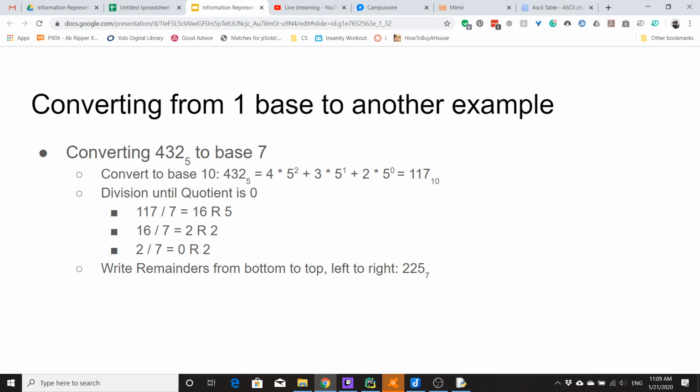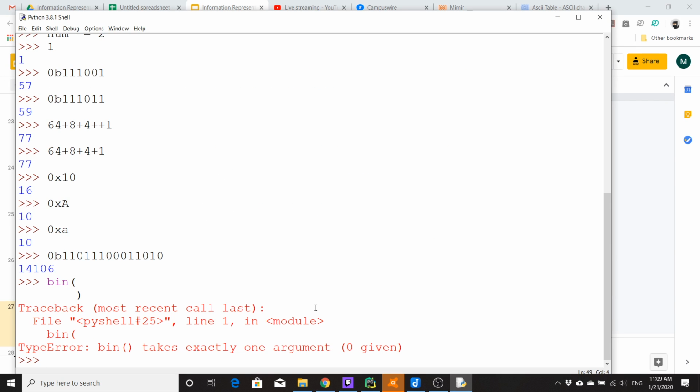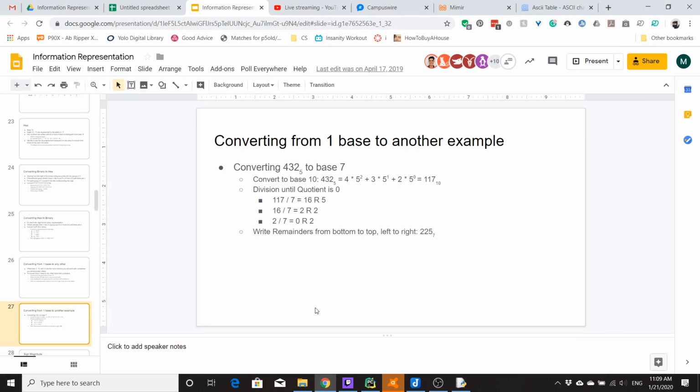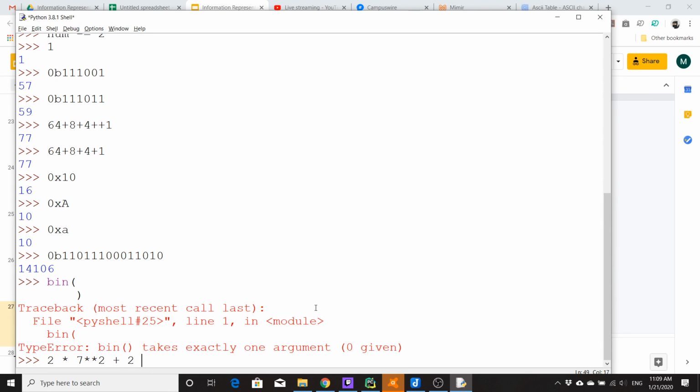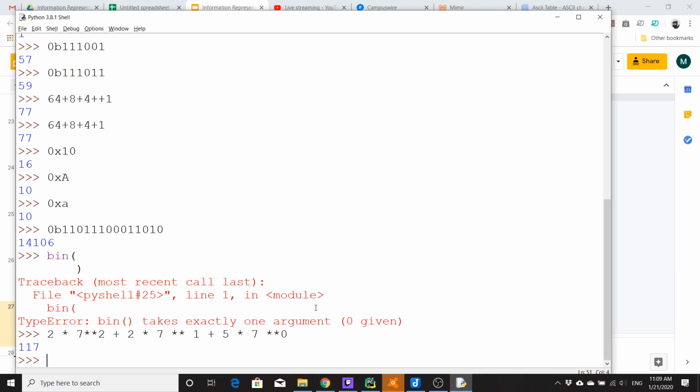If we do this out, that's going to be 2 times 7 squared, plus 2 times 7 to the 1, plus 5 times 7 to the 0, which, if we've done this right, is 117. So we got the exact same value. There are just different ways of representing this.